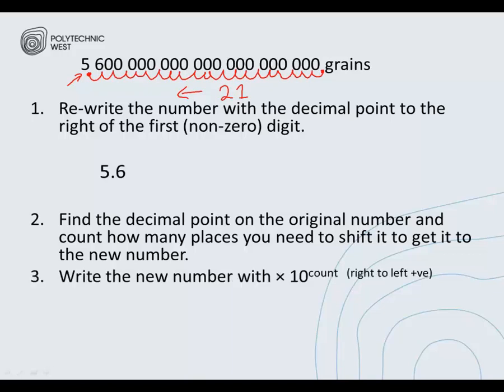Then what I do is I write times 10 to the power of count, where count is how many places I shifted it, and because I went right to left, it's a positive number. So I get 5.6 times 10 to the power of 21. The 21 bit, that's called the exponent. Now you've got to admit that's a lot easier to write than the big number we started with.